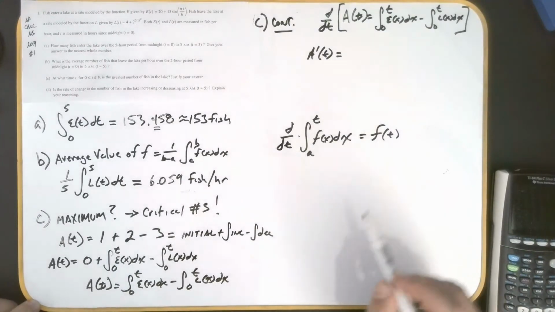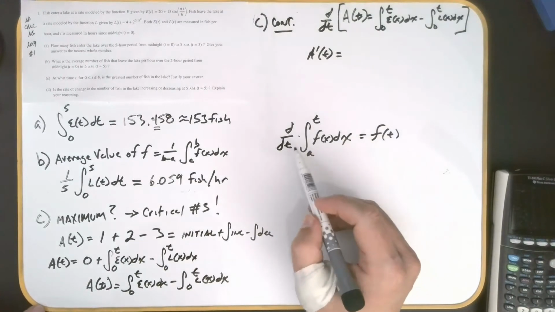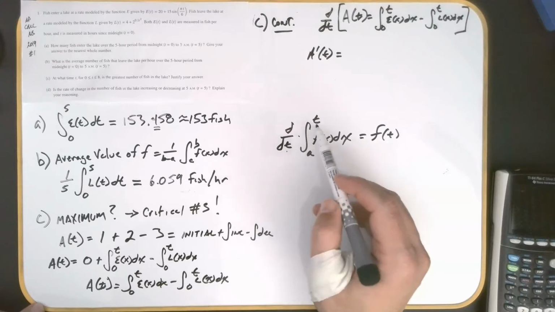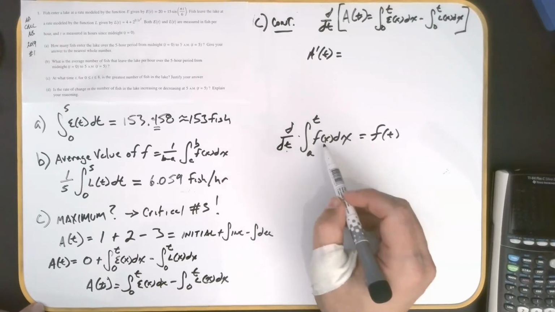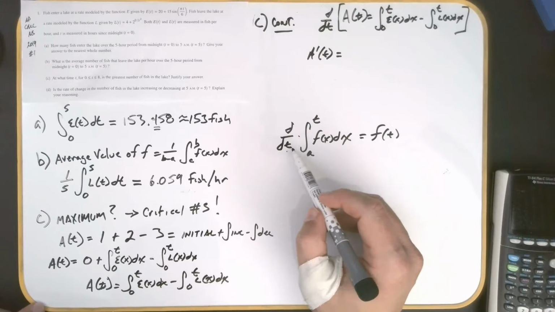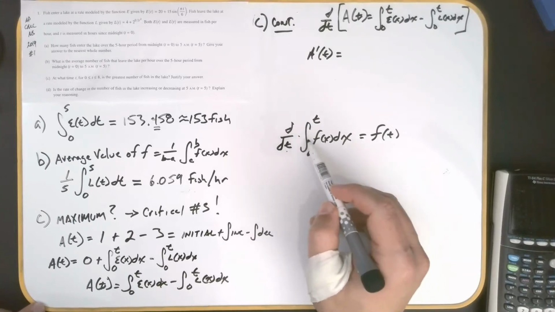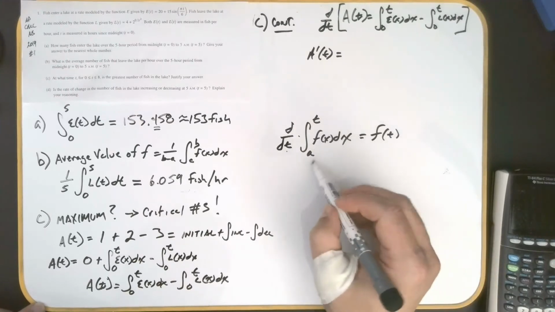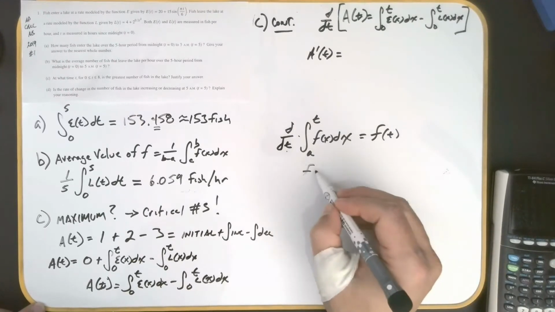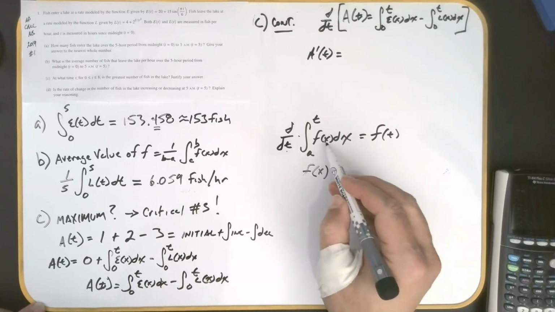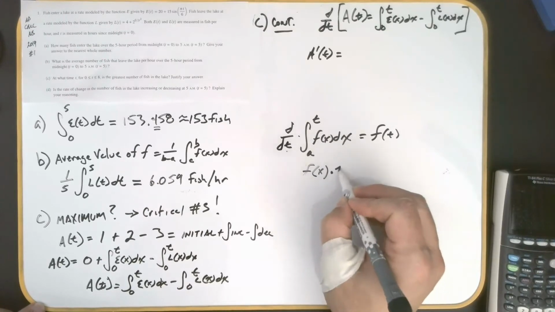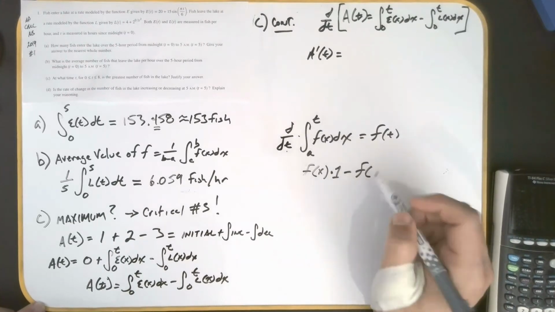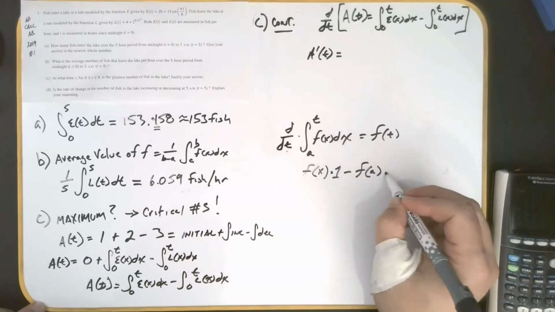There are 4 things that happen, and it's very important you get this. Notice the variable for my derivative operator is t, which is the same as my interval, not the same as my integral. So although this derivative knocks out this integral, I still have to do the fundamental theorem with my interval values. So I am going to replace x with t, because that's my interval value, times the derivative of t, which is 1, minus f of my second interval value, which is a, times the derivative of a.